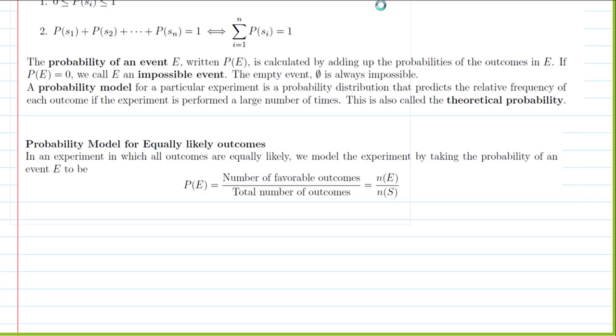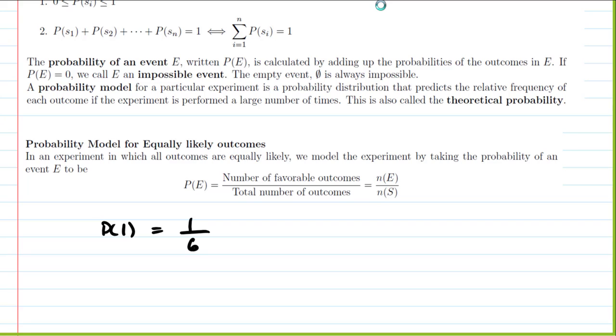Okay, so for instance, if I had one die and I were to roll it, what are my 6 possible outcomes? 1, 2, 3, 4, 5, 6. So what would be my probability of rolling a 1? Well, how many ways can I roll a 1? 1. And how many outcomes are there in my space? 6. So I would have a 1 in 6 chance.